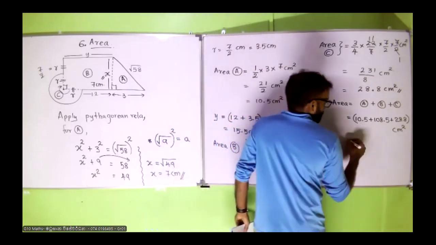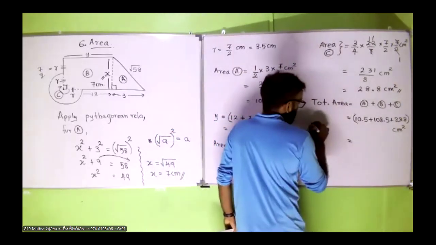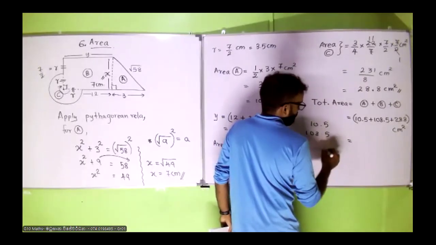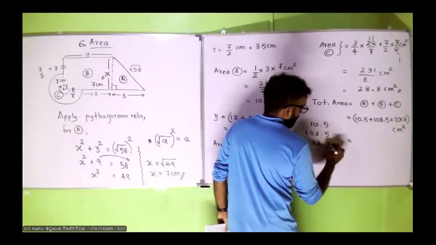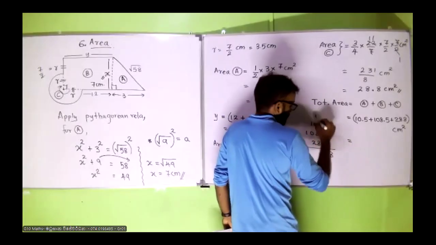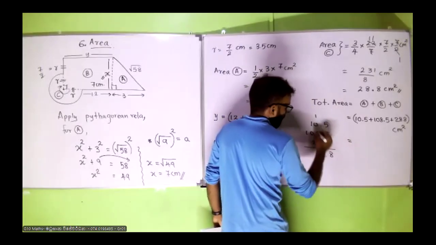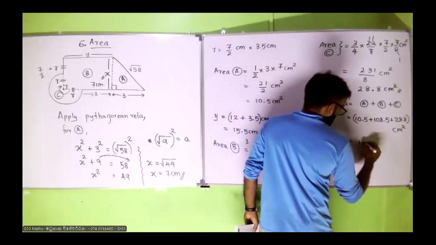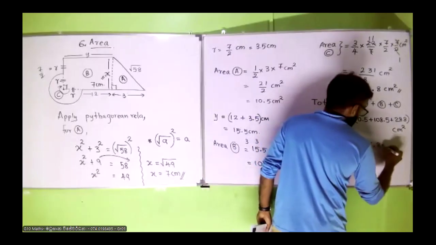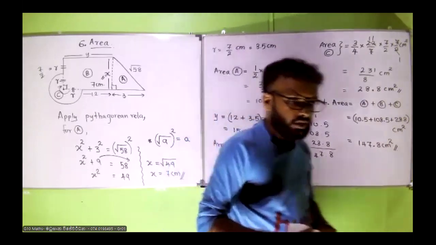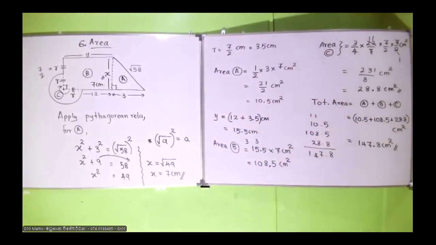So you add 10.5, 108.5, 28.8, which gives 147.8 square centimeters. Got it? Did you get a similar answer for this one, anyone?